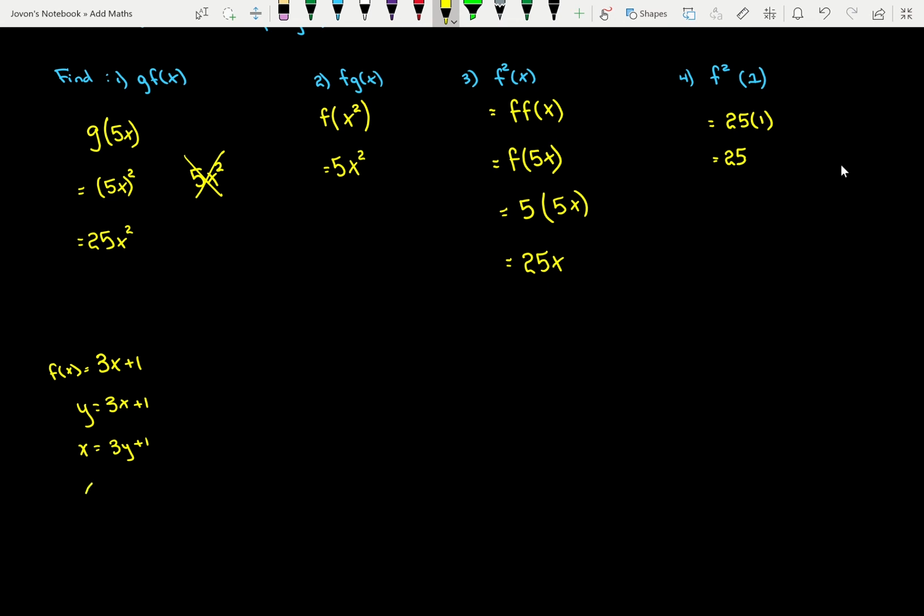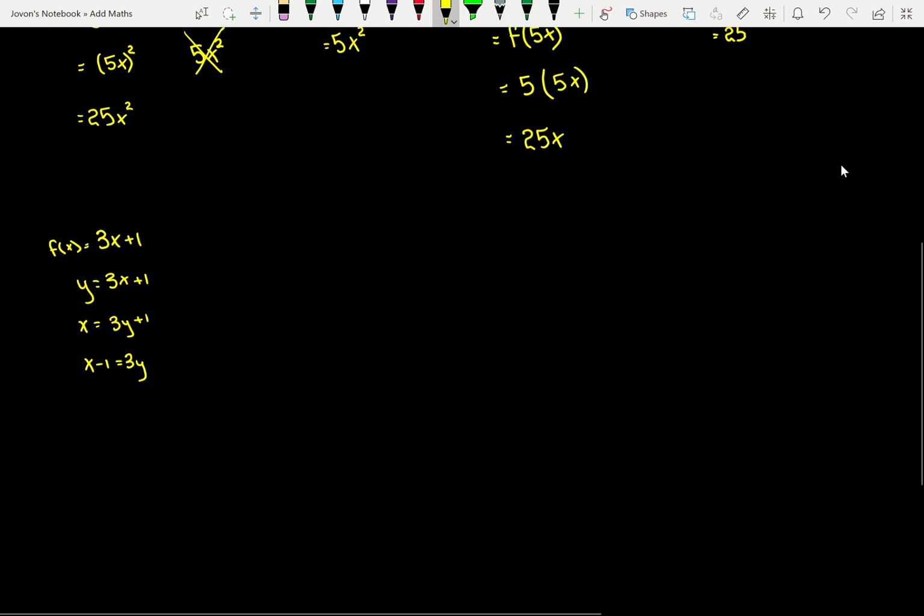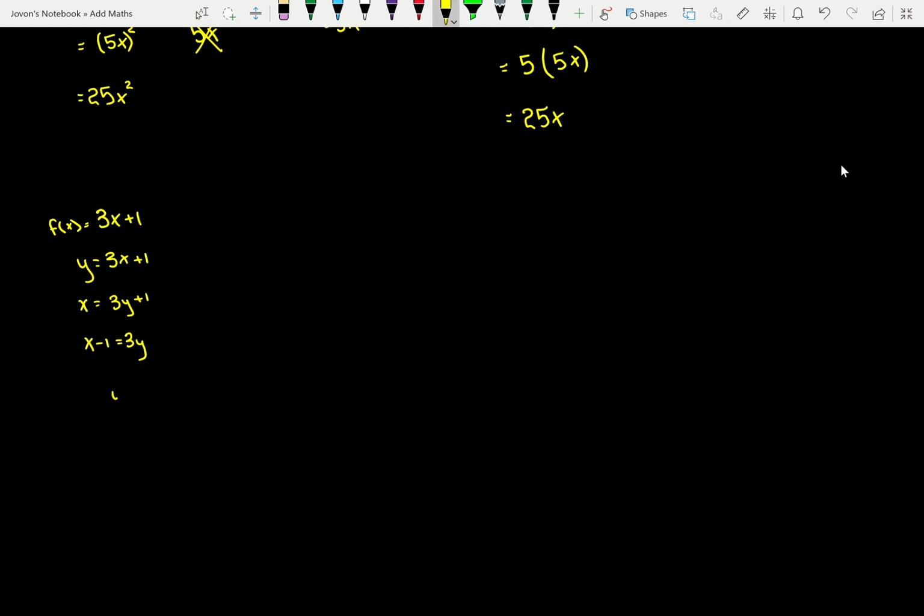So we'll have x minus 1 is equal to 3y. Therefore, y is equal to x minus 1 divided by 3. Therefore, the f inverse of x is equal to x minus 1 over 3.